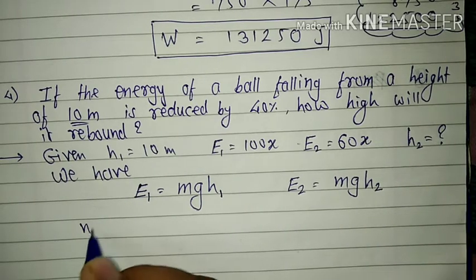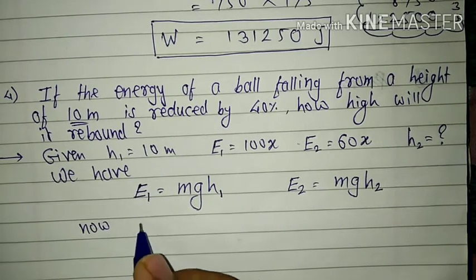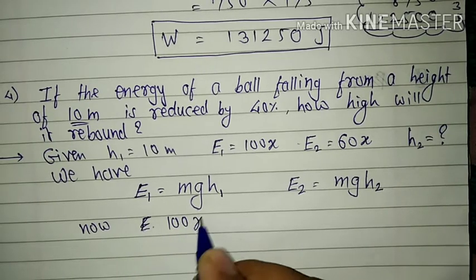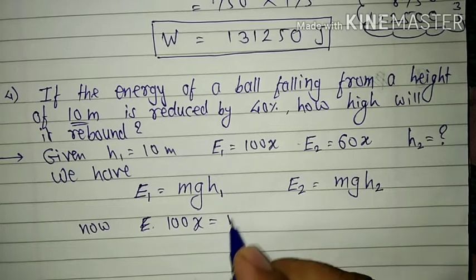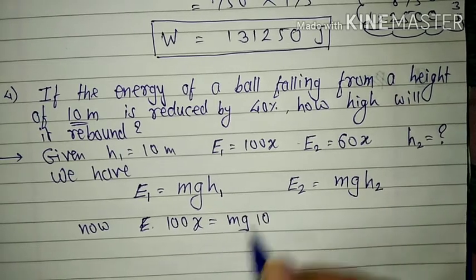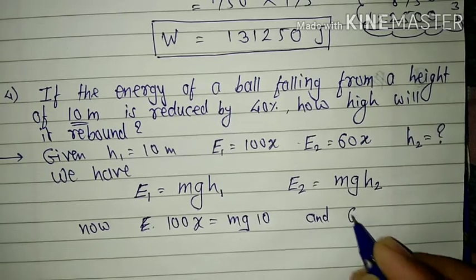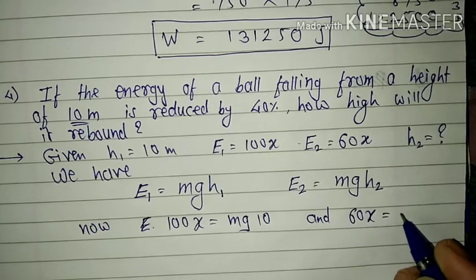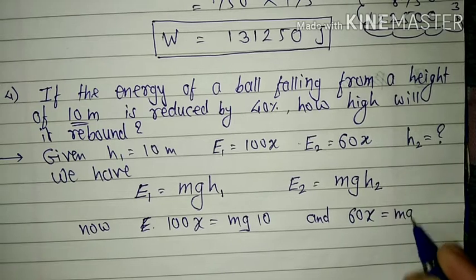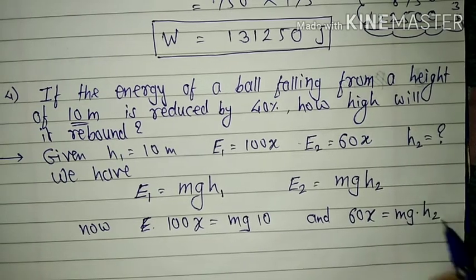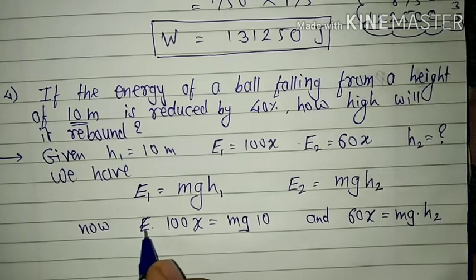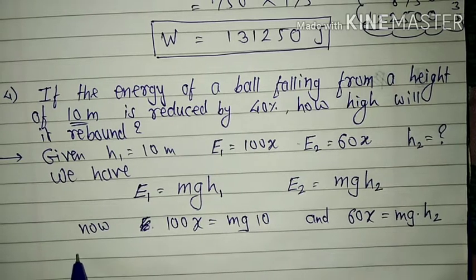Okay, now E1 that is 100x is equal to mg into 10, and E2 that is 60x is equal to mg into h2. Is that okay? So let us divide.